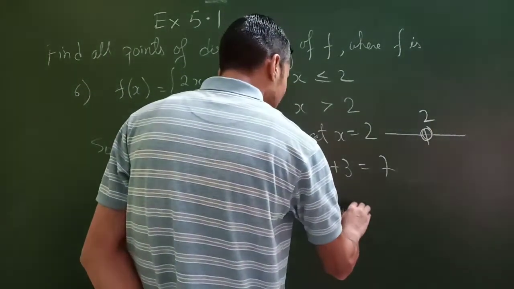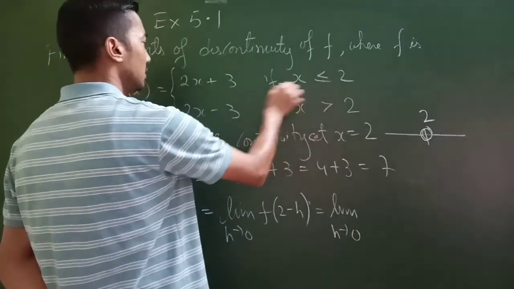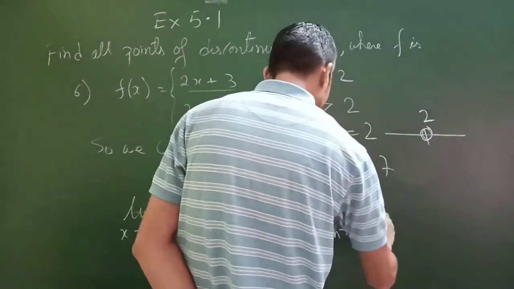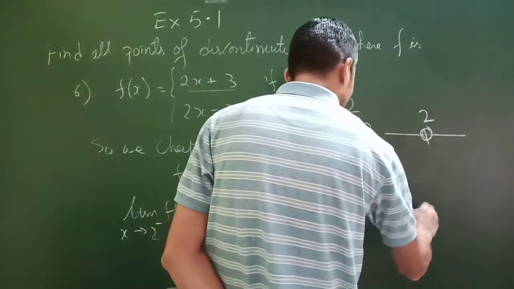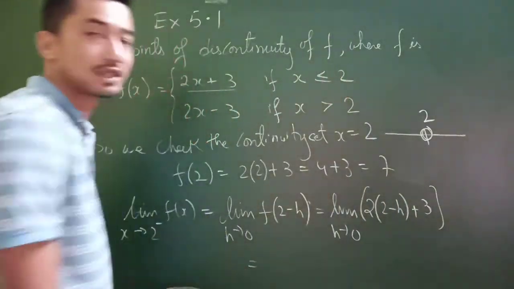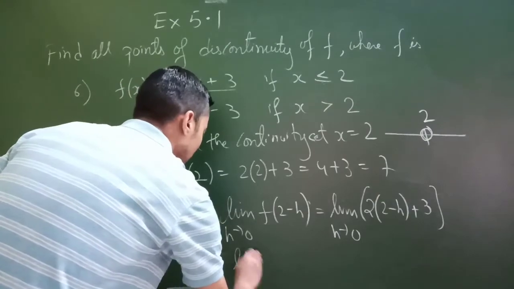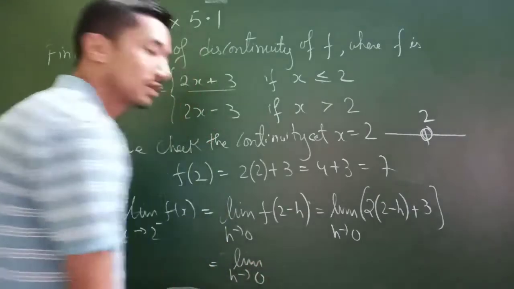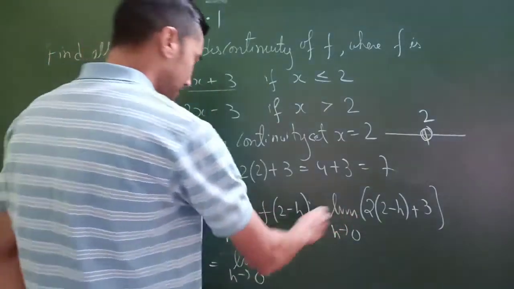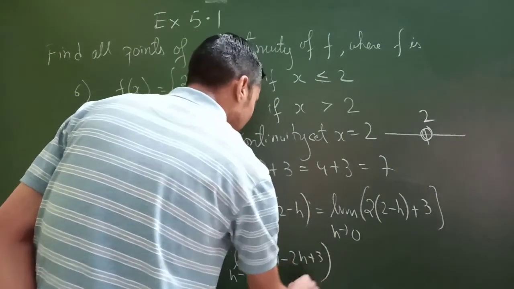Which function are we supposed to use for anything that is less than 2? 2x plus 3. So that's 2 times (2 minus h) plus 3. So that's the limit as h tends to 0 of 4 minus 2h plus 3.